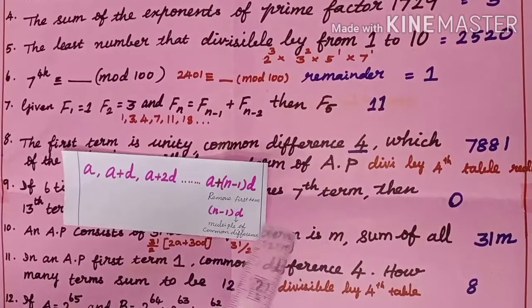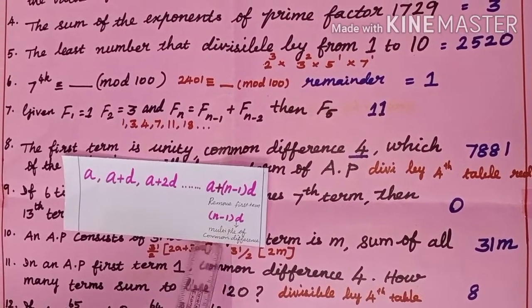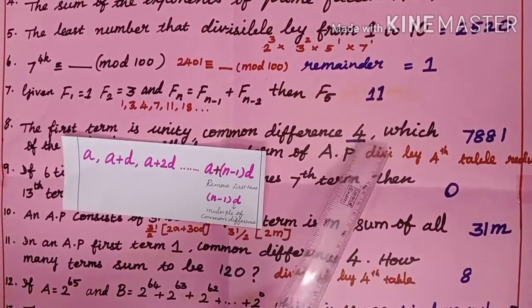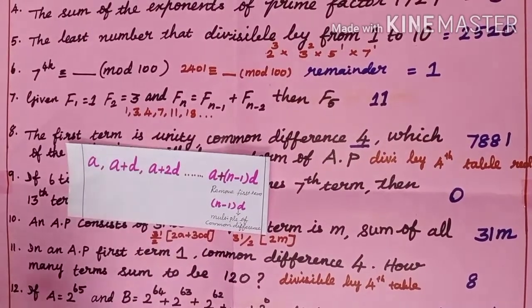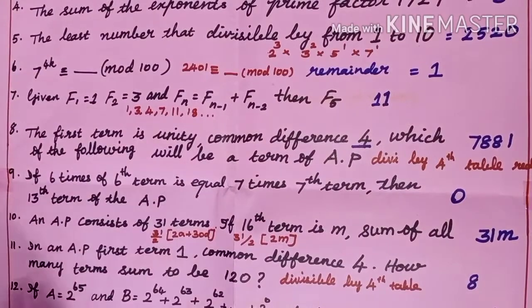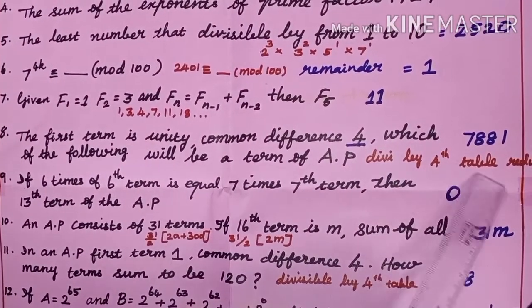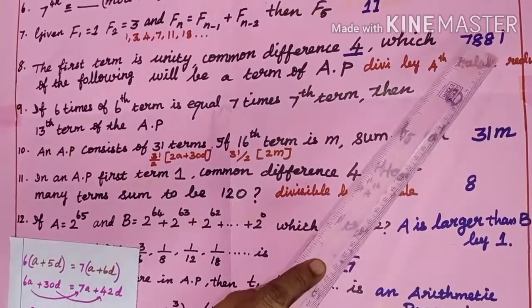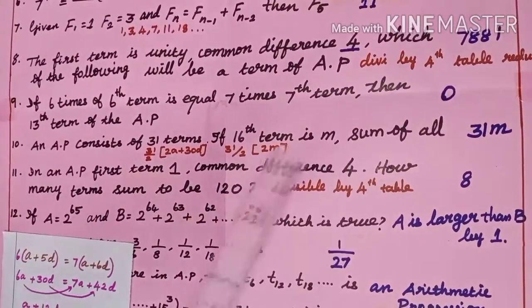You remove 1 and get the answer, which is a multiple of the common difference, so a multiple of 4. Which answer is divisible by the 4 table? 7880 is divisible by 4, so 7881 is your correct answer.